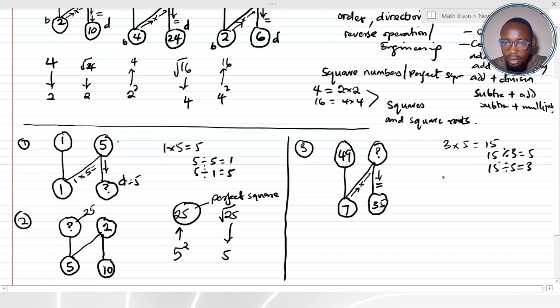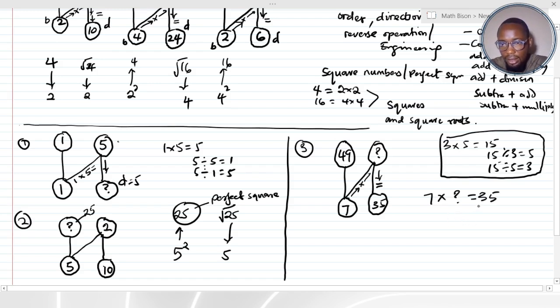So based on this fact family idea, if we have a number 7 multiplied by a particular number to get 35, we should know that 35 divided by 7 should give us the same number.